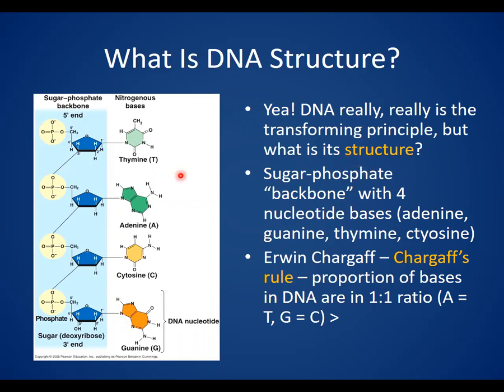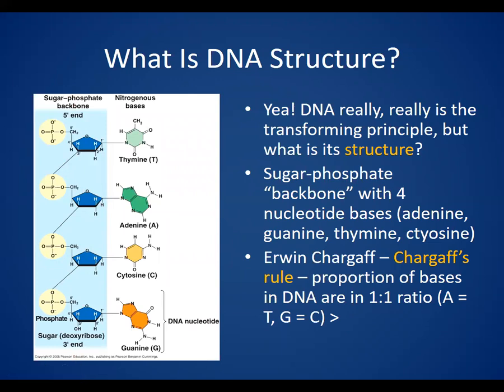Now, this is a picture of a fragment of DNA. We know that DNA is composed of two main components: a sugar phosphate backbone. This is a deoxyribose sugar connected to a phosphate group, and the phosphate group is connected to the next sugar in line.